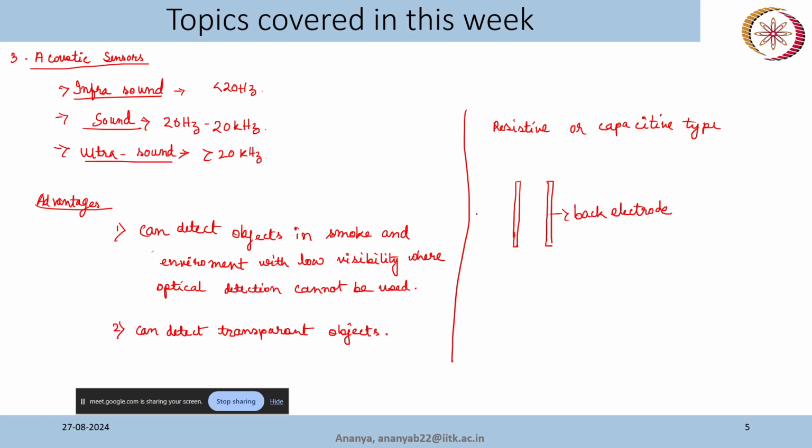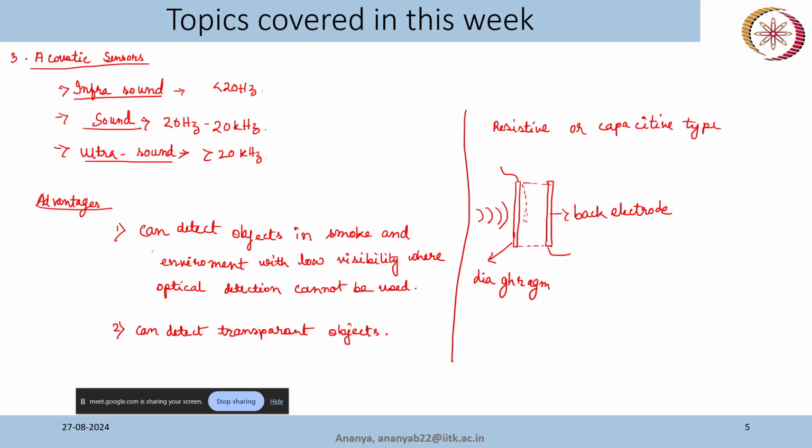This is the diaphragm, and sound will travel to this diaphragm. There will be a spacer layer in between. Now this is our first electrode and this is the second electrode. The resistance of this whole setup may be different based on the deflection of this diaphragm.